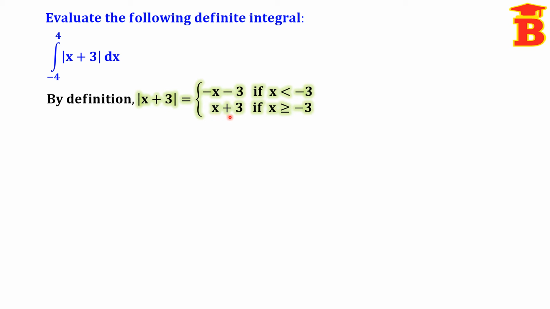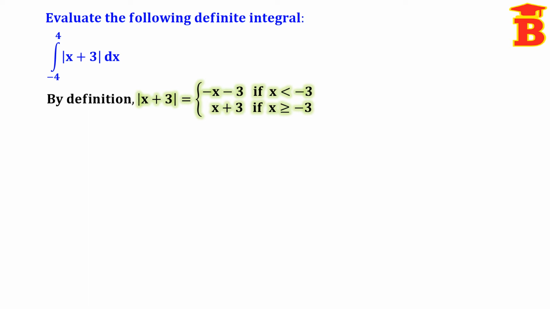And it is x plus 3, taking positive, if x is greater than or equal to minus 3. If you put x equal to minus 3, we get 0. Take a number greater than minus 3, for example minus 2. If you put x equal to minus 2 here, minus 2 plus 3 is 1. That is positive.